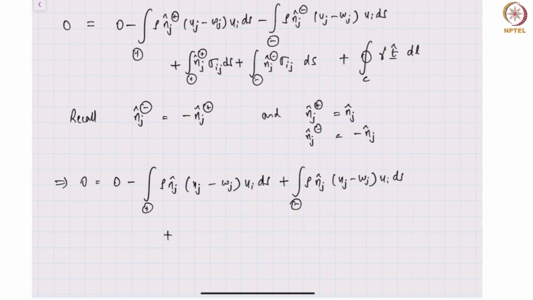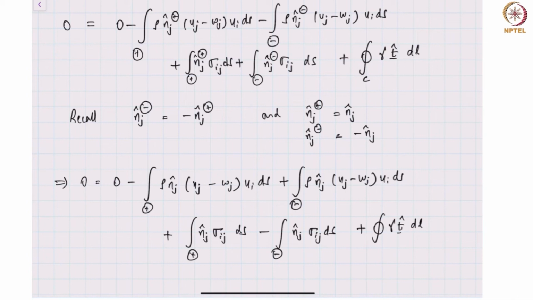Now the stress tensor term, plus the stress tensor term, and finally I have the surface tension term.